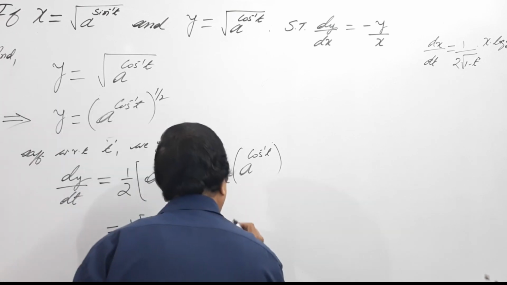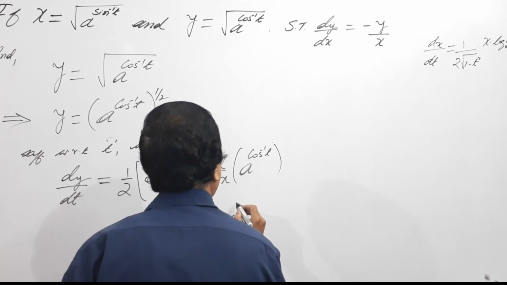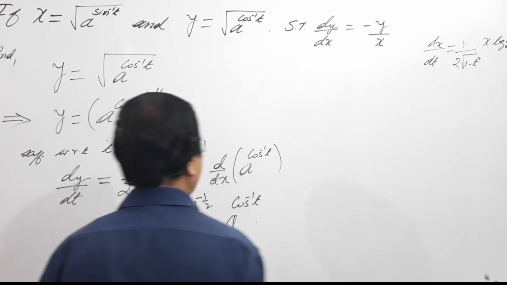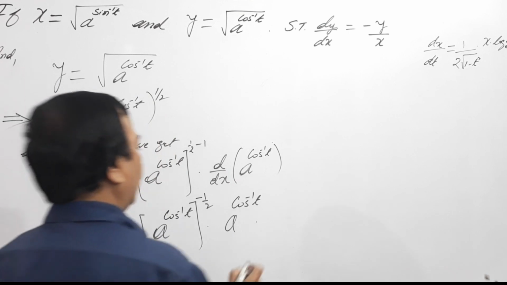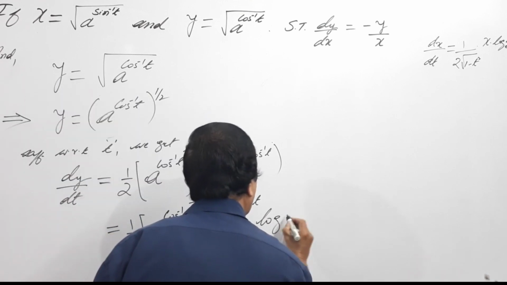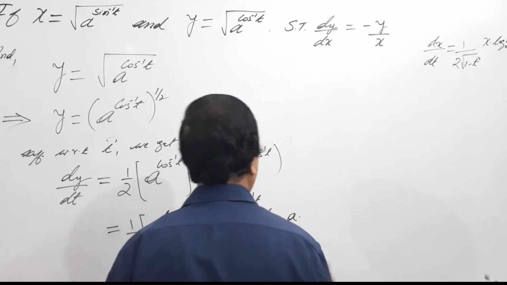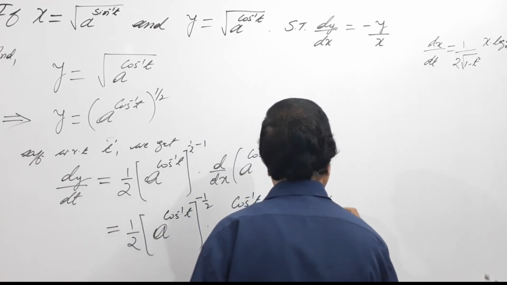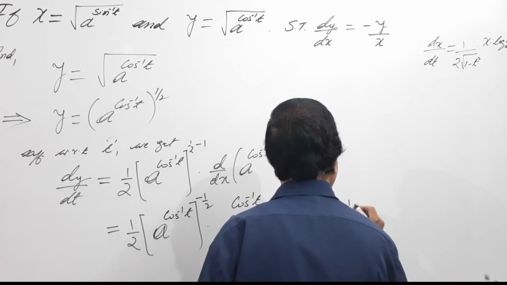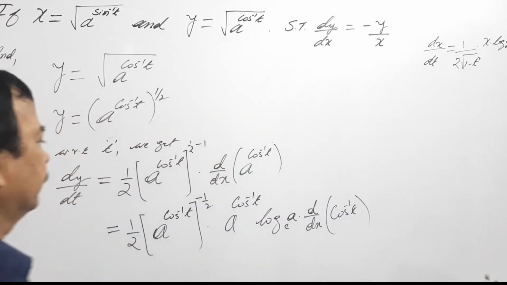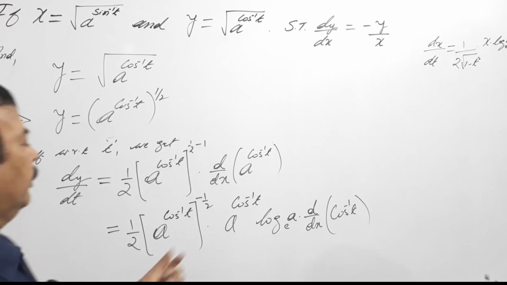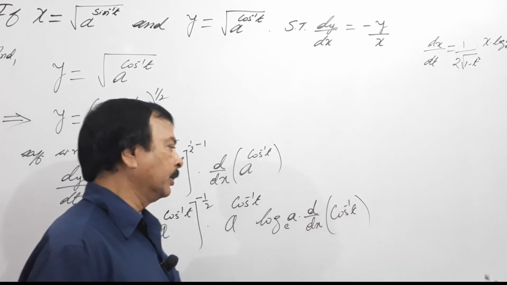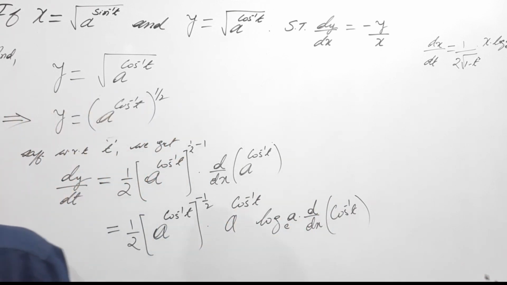This becomes a to the power of cos inverse t, log a to base e, into d by dx of cos inverse t. So you have to differentiate even the inner function.